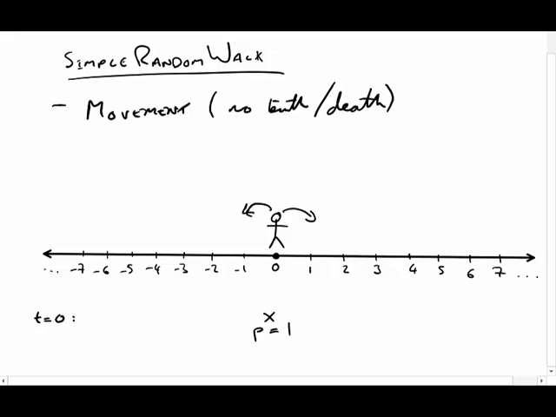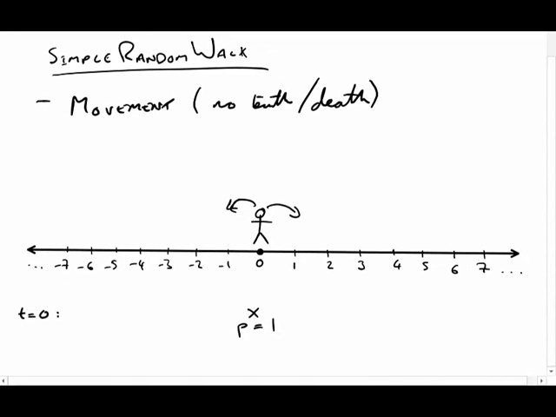I'm not biased towards one particular way, so I don't mind whether I move left or right. I'm not encouraged to move right over moving left. It's just completely random. I've got an equal chance of moving both ways. There are two directions that I can move in each case, so therefore each direction has a probability of a half associated with it.